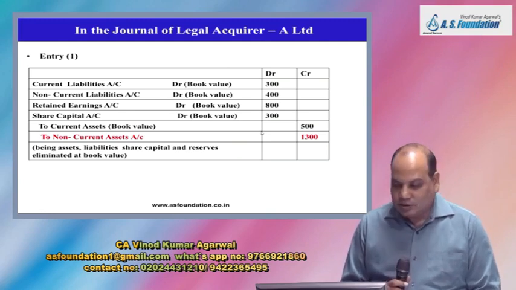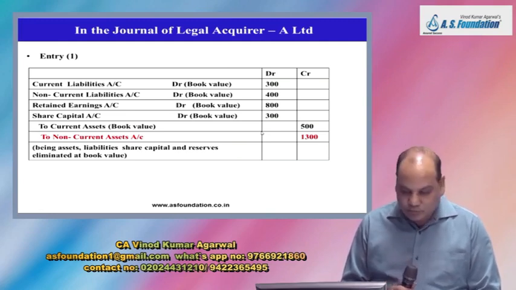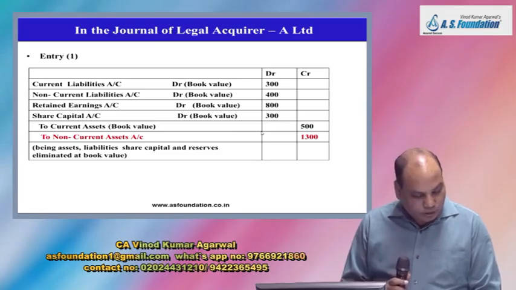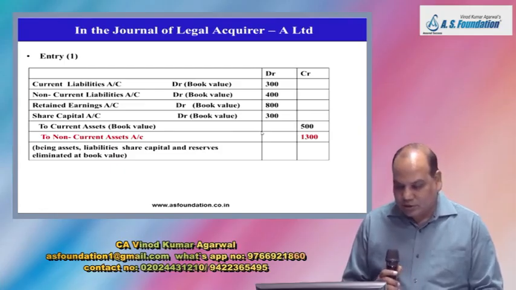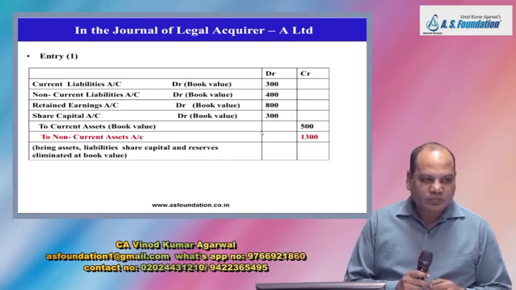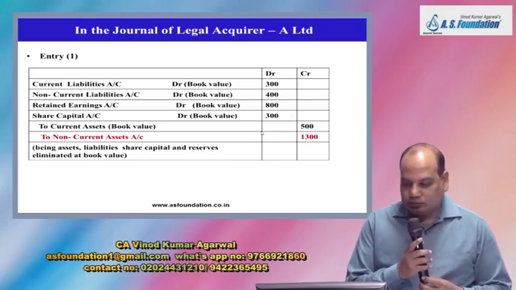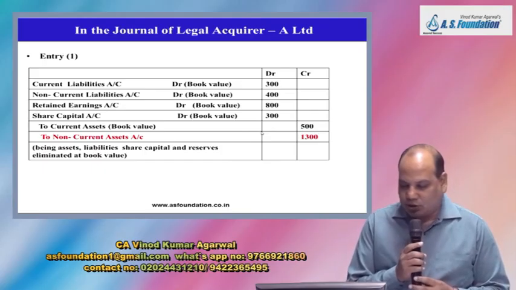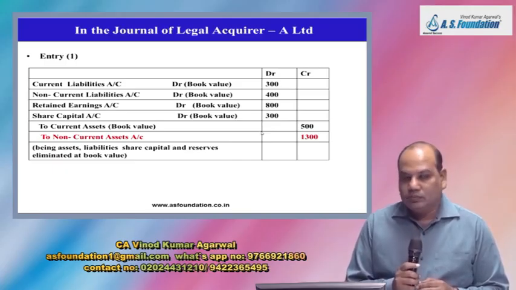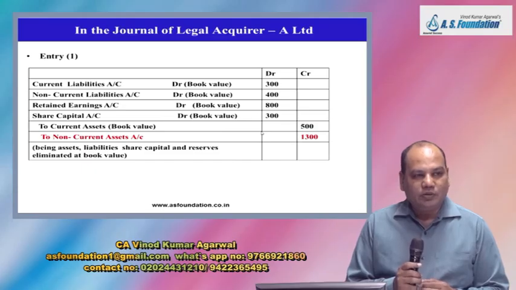Everything is at book value. To current asset 500 book value, and to non-current asset 1300. Okay. Being assets, liabilities, share capital and reserves eliminated at book value.